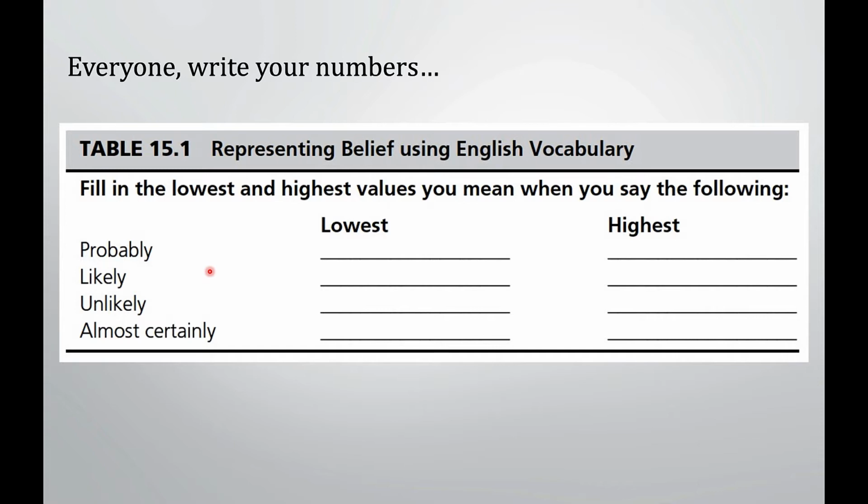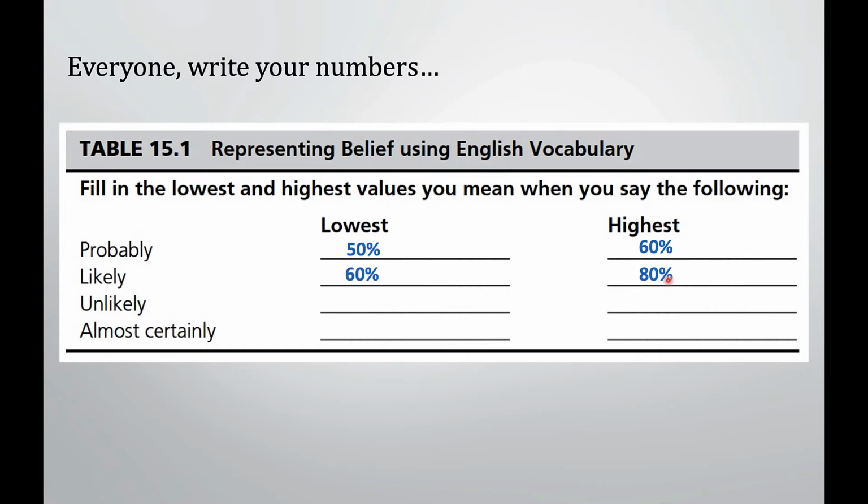So here is what I mean. If something is probably happening, I mean that thing is happening with a probability between 0.5 and 0.6. Anything outside of it, I would not use the word probably to describe it. When I say something is likely, what I mean is a probability between 60% and 80%.